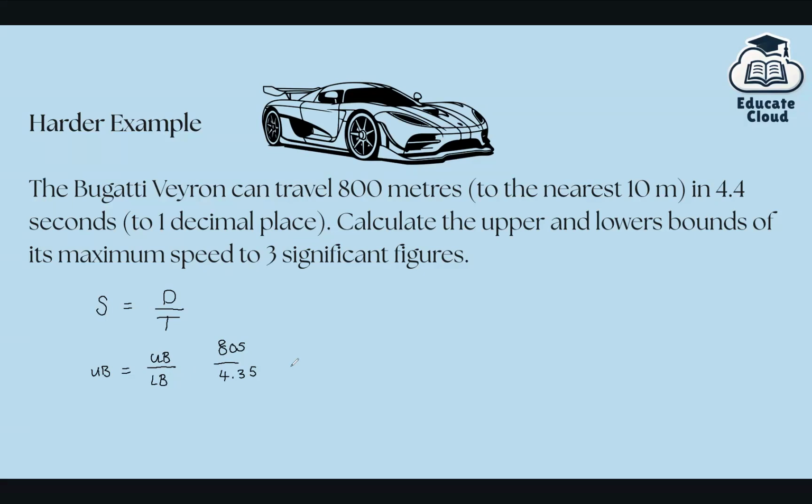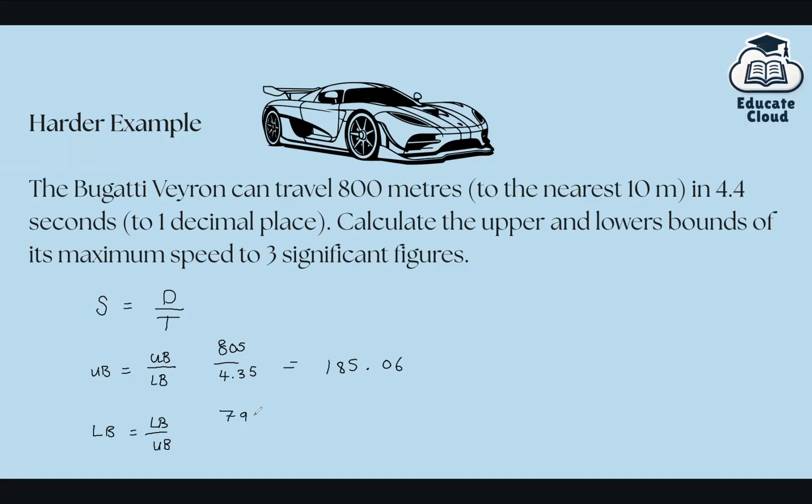Let's put this in our calculator. 805, which is the upper bound for the distance, because distance is rounded to the nearest 10 meters, divided by 4.35, the lower bound for time. That gives me for the upper bound 185.06. Now the lower bound is going to be the lower bound for distance divided by the upper bound for time, because that will get us the lowest possible value.